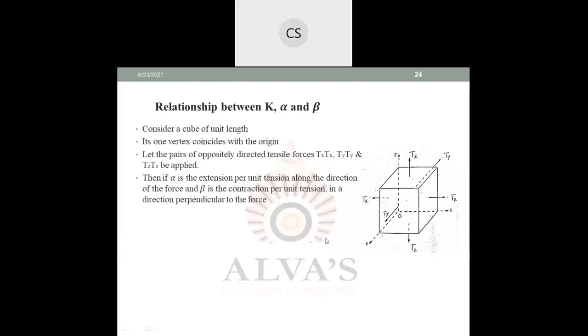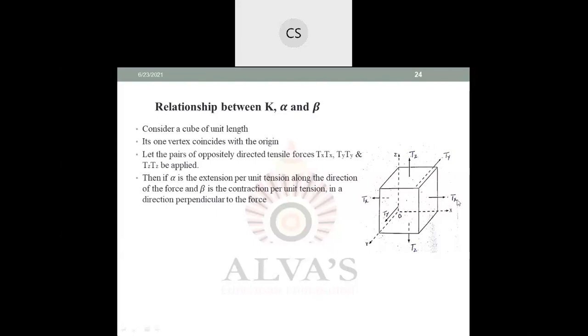Now let us assume alpha is the extension per unit tension along the direction of the force. Alpha, the extension per unit tension, is related to stress. Take a unit tension acting on the face, then the amount of extension is alpha, for unit tension along the direction of the force.